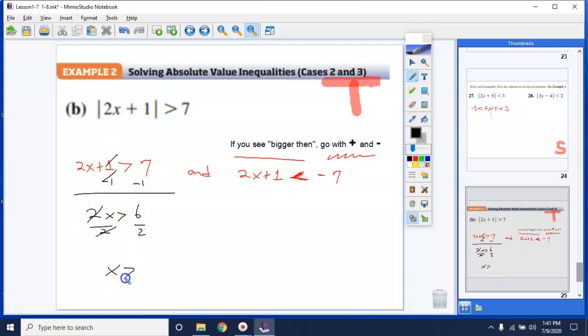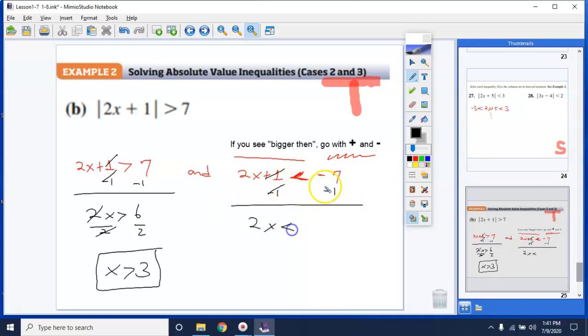So x bigger than 3, right? And this one, let's solve this. Minus 1, minus 1. 2x less than negative 8, and divide by 2. So it should be x less than negative 4, and that's my answer.